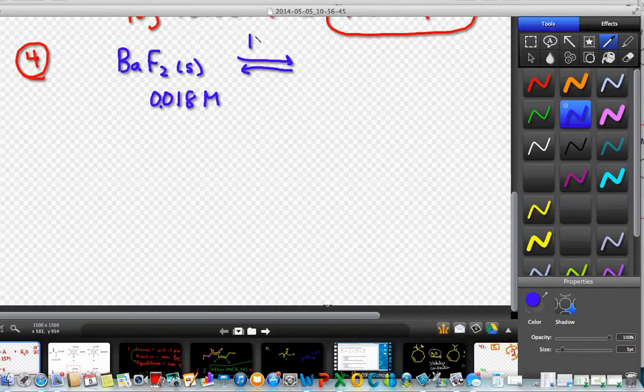Of course, KSP is what we're trying to find. This is going to dissociate into a barium 2+ ion. And this is important, 2 fluoride ions.